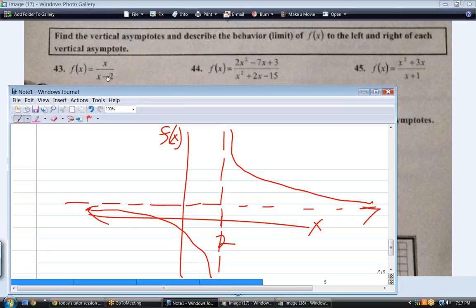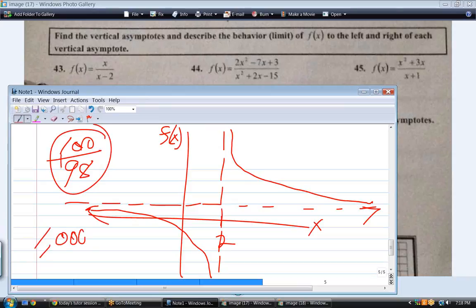We have x over x minus 2. What if x were 100? That's what we get. That's close to 1. What if x were 1,000,000? That's what we get. That's even closer to 1. So as x gets infinitely large, f of x gets closer to 1.